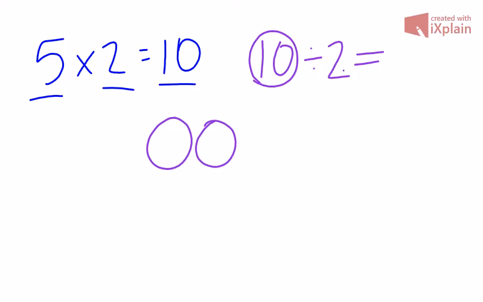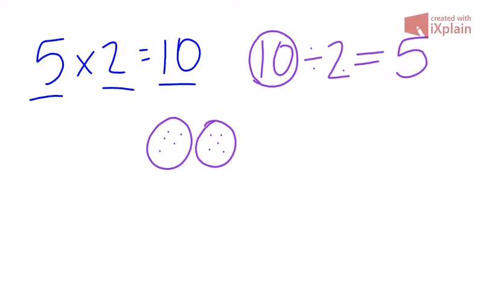I like to have them count it out with me. 1, 2, 3, 4, 5, 6, 7, 8, 9, 10. Then they count the number in one of those groups. If you look, there are 5 in each of those groups. So your quotient, or your other part, would be 5.